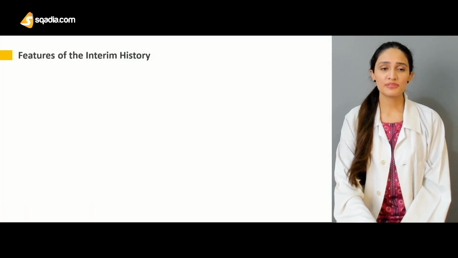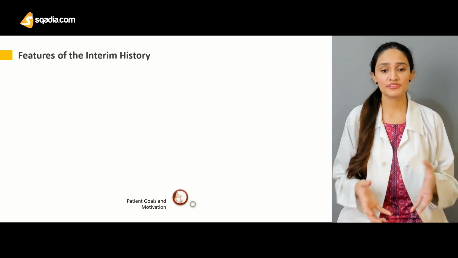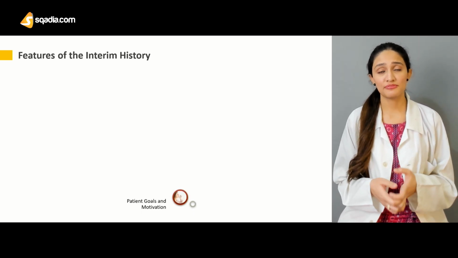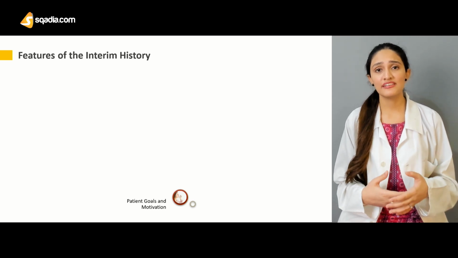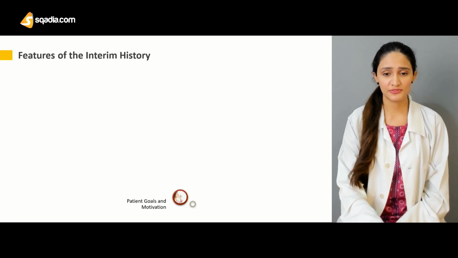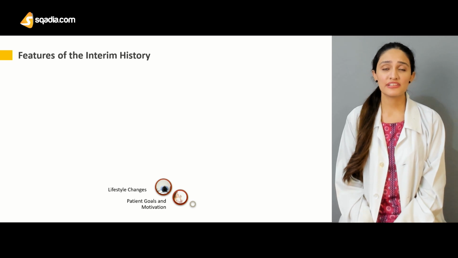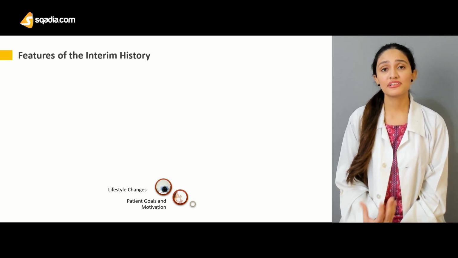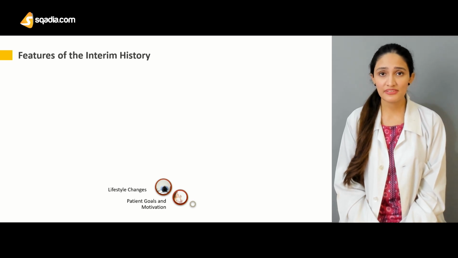So now if we talk about features of an interim history, the foremost would be the patient's goals and motivations, to ask him regarding his exercise routine and regarding his food intake. So it's very necessary to ask this question. Ultimately, any lifestyle changes. It's very, very important to make the patient realize that lifestyle changes are very important with a patient having diabetes mellitus.